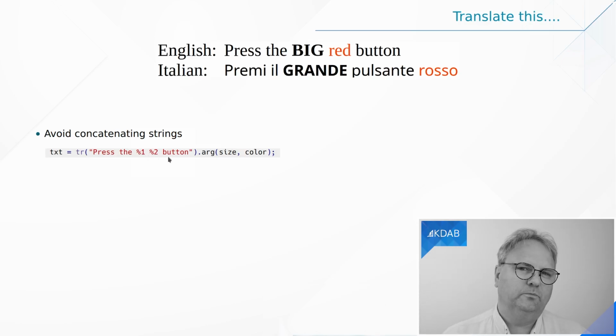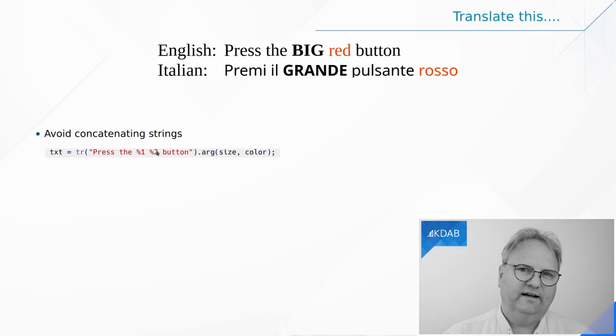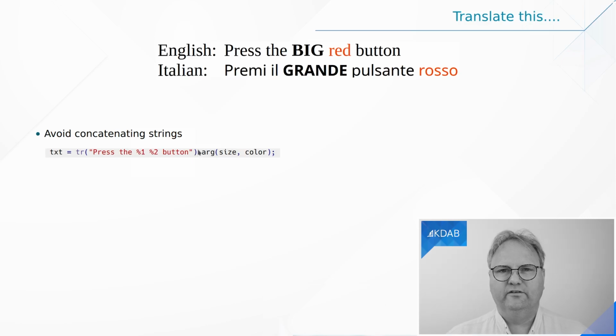I believe you can do up to %99. I never tried it, but hey, feel free to add a comment below if you tried. And then .arg. And here, the first one will go in the place of %1, the second in the place of %2. And what is the outcome of tr here? Well, tr is just a simple function in QObject that returns, wait for it, a QString.